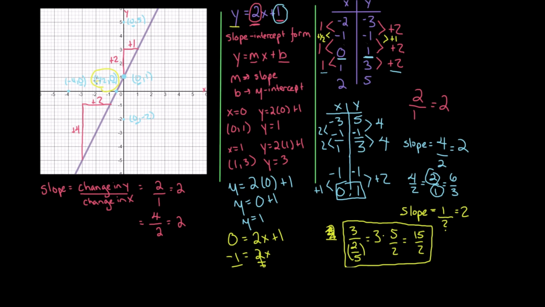Actually, I haven't been saying this is negative. This should be negative. So we have negative 1 plus 1, which is 0. And we have negative 1 plus 1/2, which is negative 1/2. And we do find, again, that our x-intercept is (-1/2, 0).